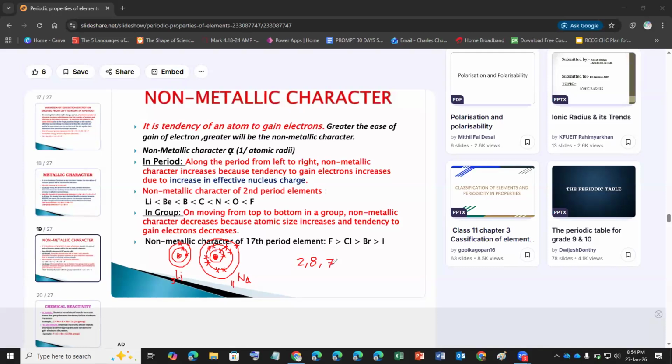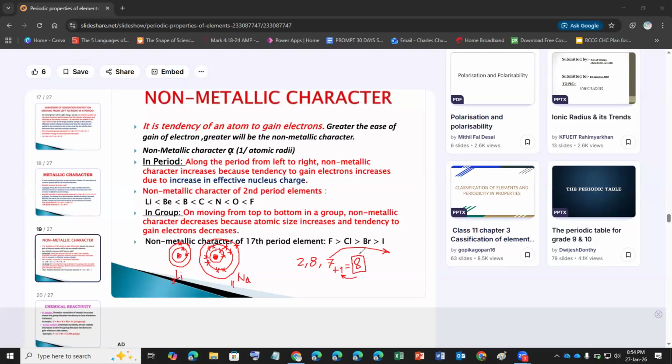Can you see? 7 just needs 1 more to become 8, isn't it? So can you see that instead of chlorine trying to give away this 7, it will rather take 1, because it's easier for it to take 1 and become 8 than for it to give away 7.